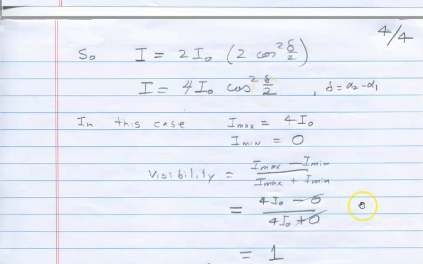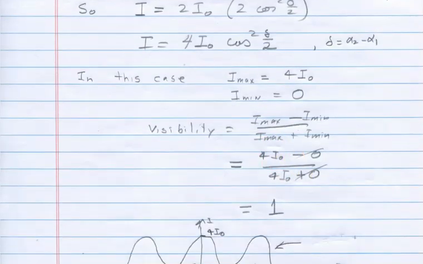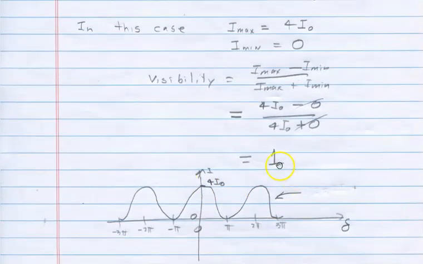And so it goes from a minimum of 0 to a maximum of 4 I0. And if you look at that, you get the visibility of this case is maximum visibility. This is the ratio between the brightest portion and the dimmest portion. In general, the visibility is a fraction between 0 and 1.